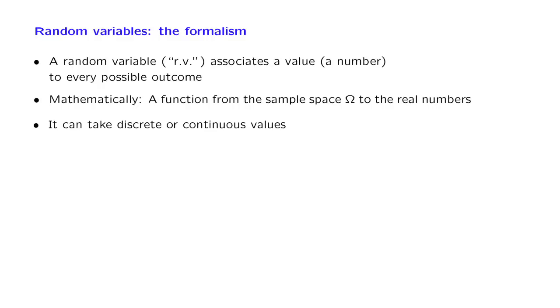In this lecture sequence and in the next few ones, we will concentrate on discrete random variables because they are easier to handle, and then later on we will move to a discussion of continuous random variables.